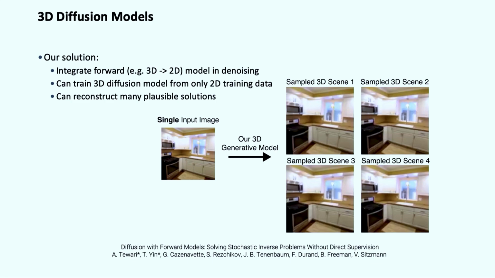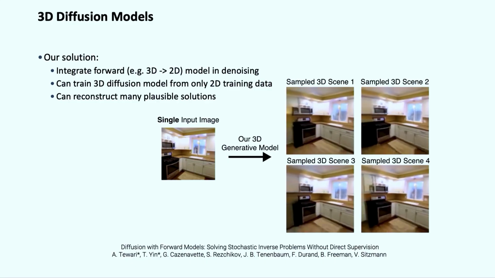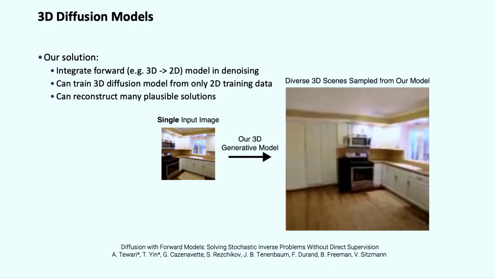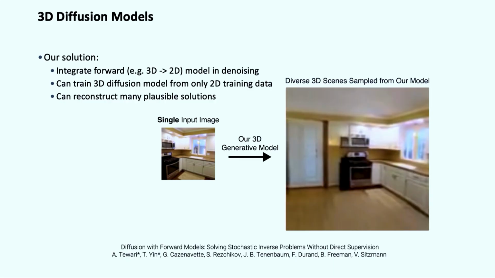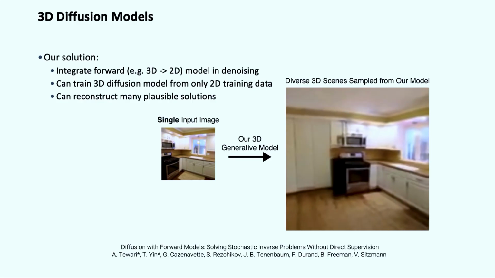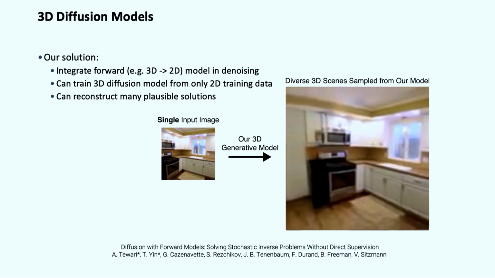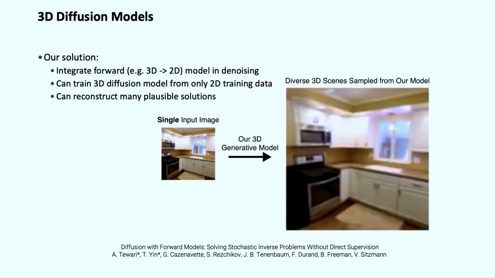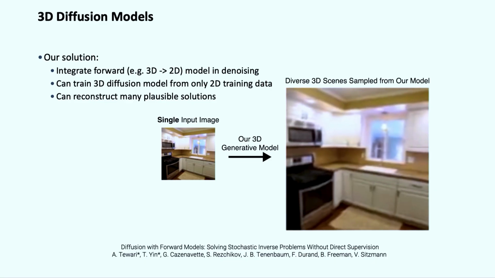So this is an example where, given this input image, we can reconstruct these 4 different reconstructions that have different opinions about what's invisible in the first image, all corresponding to the distribution of 2D images of kitchens that the model had seen during training.